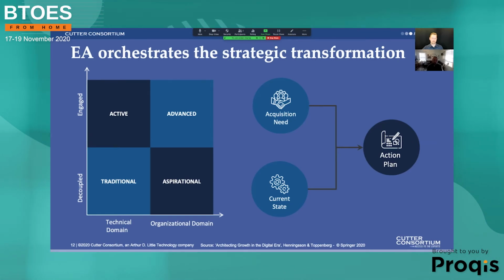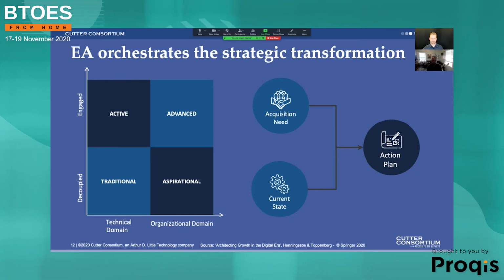Or do you want to be aspirational and move from the traditional to the advanced? We've seen organizations or teams that have done that, and have found sponsors and leaders who can see the value of enterprise architecture, but need the demonstrated use cases, and that EA organization is given a chance as well.